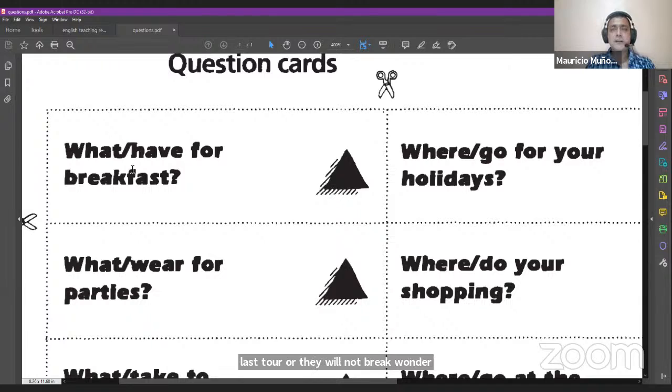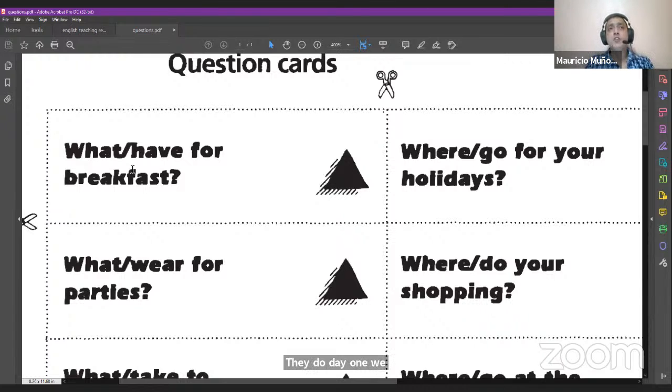Ya sabemos que para formular preguntas tenemos 2 auxiliares, do y does. Dependiendo de mi sujeto, yo tengo que utilizar uno de ellos. Si mi sujeto es you, do you. They, do they.